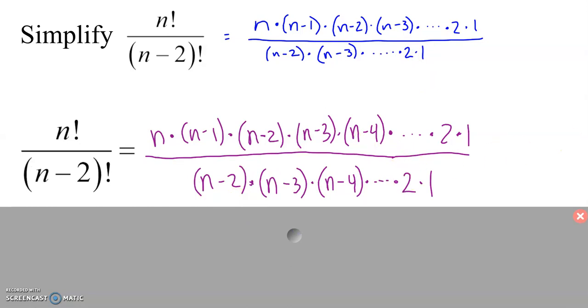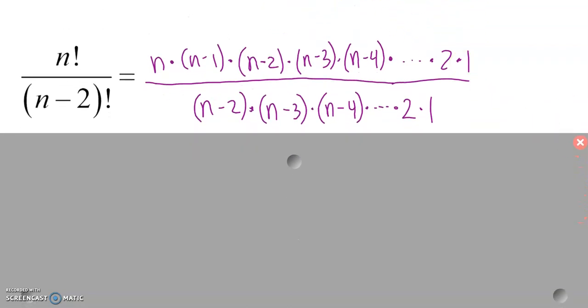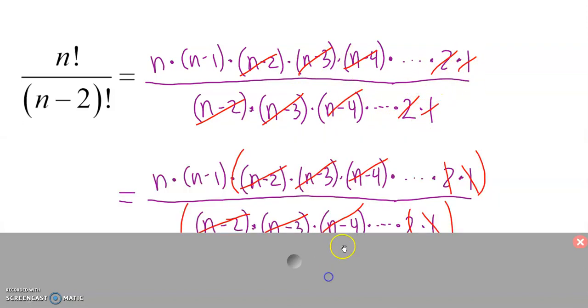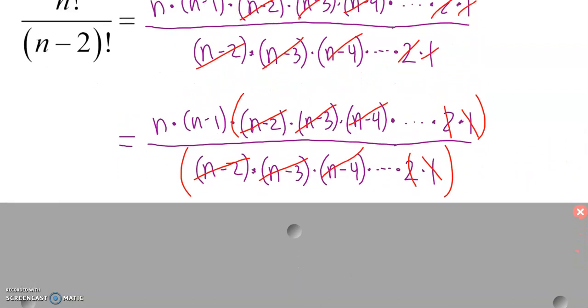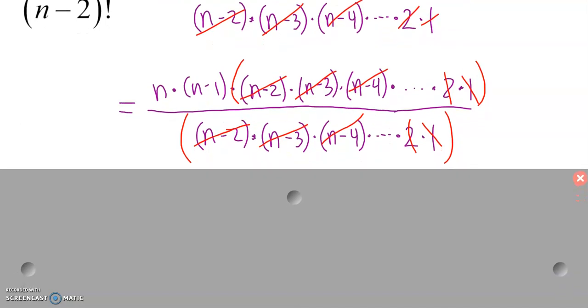So when you write it all out, you hopefully can see that there's now a lot of stuff on top and bottom that are the same. These are all things that are being multiplied together, so when I see an n minus 2 on top and bottom, I can cancel them. n minus 3 on top and bottom, cancel. n minus 4, cancel, and so on. 2 over 2 cancels, and 1 over 1. Just like in the previous problem, and hopefully because we wrote the previous problem out that way, this one makes a little more sense.